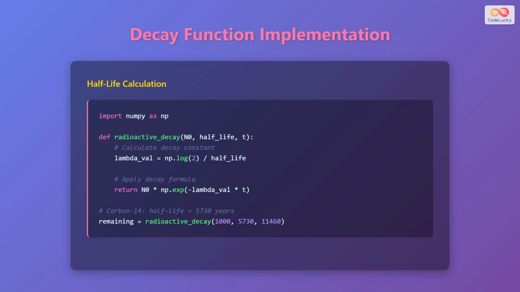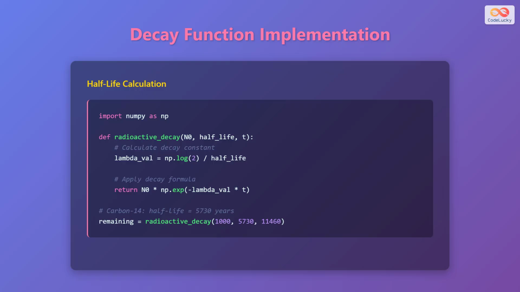Let's look at a code example of radioactive decay. Again, we import the NumPy library as np. We define a function called radioactive_decay that takes three arguments, n0, half_life, and t, representing the initial quantity, half-life, and time respectively. We calculate the decay constant lambda_val using the formula np.log(2) divided by half_life.